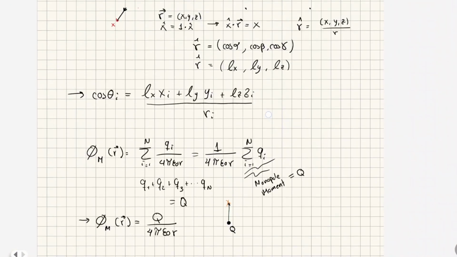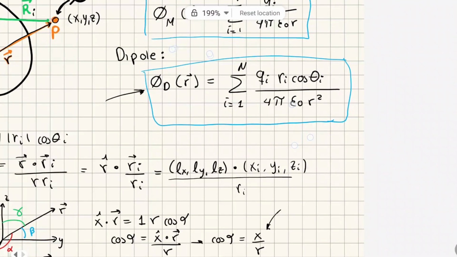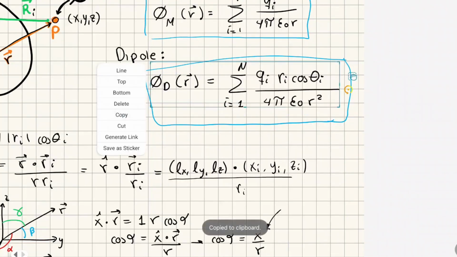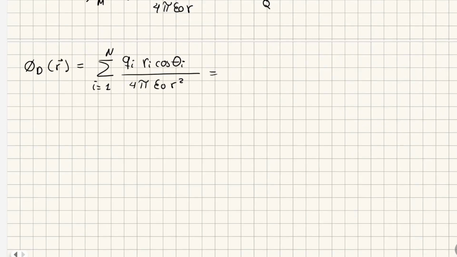Okay, perfect. So let's go to the dipole term of the electric potential, which is a lot more interesting than the monopole term. I rewrote the term here, and as I said, the interesting term is going to be the one that is inside the sum. First of all, looking that this is a constant, we are going to take it out.